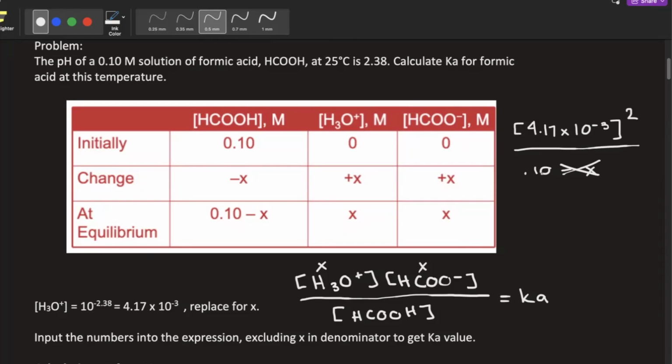Now we divide that number by 0.1 to give us 1.73, and actually, we're going to make that a 4, times 10 to the negative 4. Okay, so that is how you calculate Ka from pH.